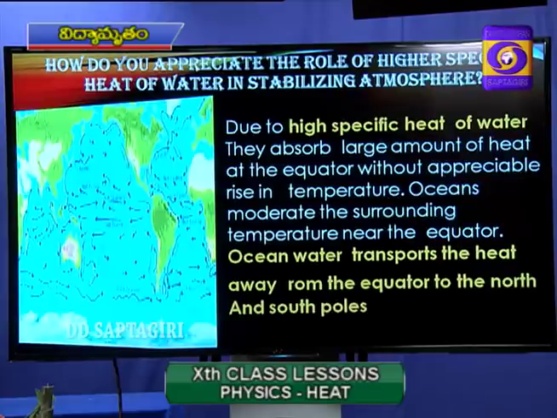Due to high specific heat of water, they absorb a large amount of heat at the equator without appreciable rise in temperature. That means you have to note down that one. Oceans moderate the surrounding temperature near the equator because of this reason only. Ocean water transports the heat away from the equator to the north pole and the south pole.